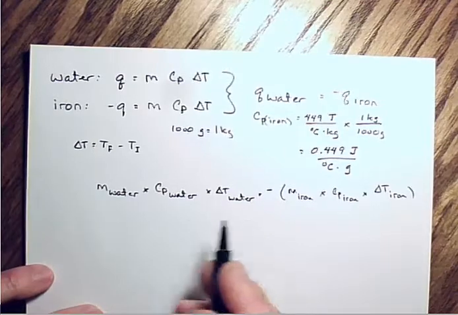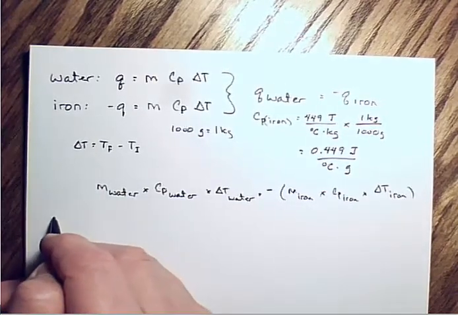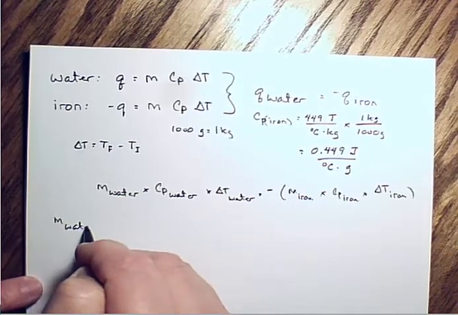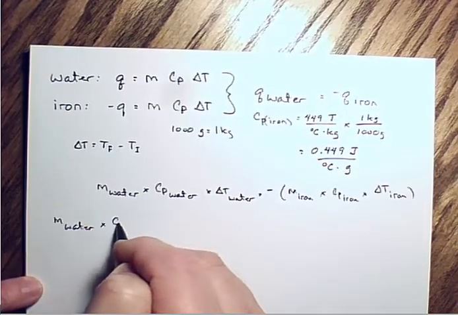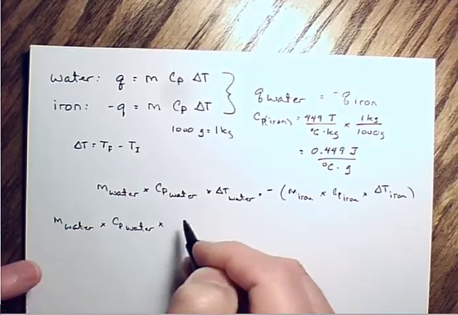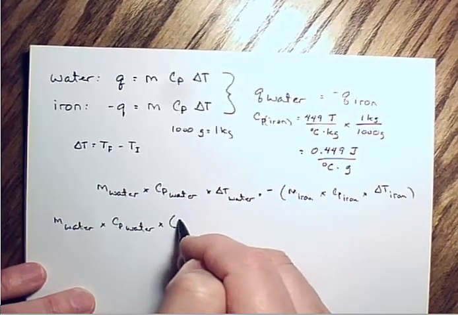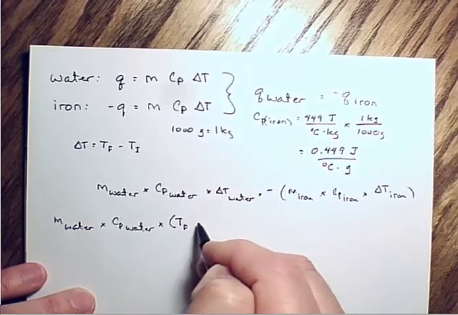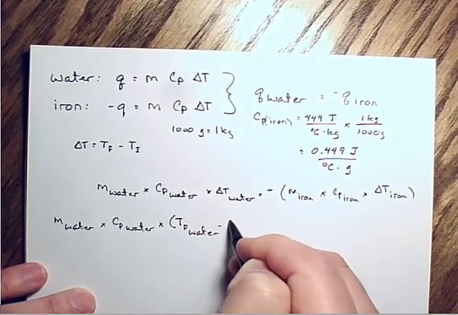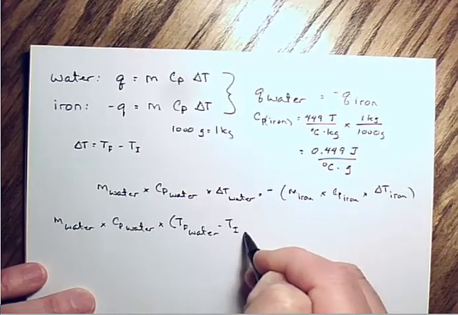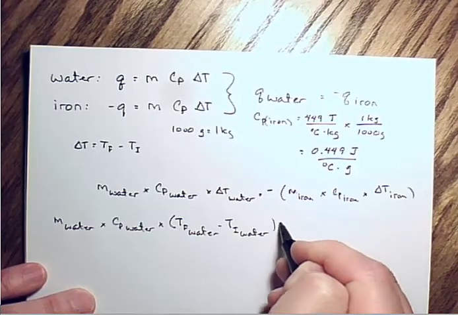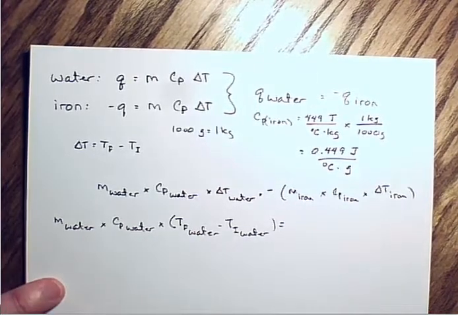Got it? All right. So we got the mass of water times the specific heat for the water times temperature final for water minus temperature initial for water. Okay?